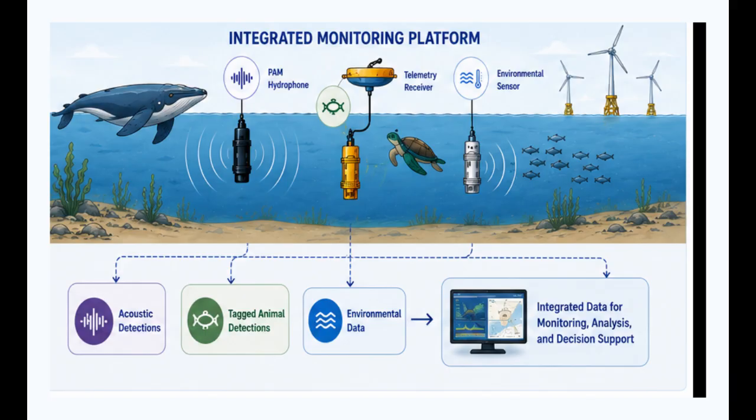This is why interoperability matters, not just because we want data in the same format, but because offshore wind monitoring is becoming a network of sensors, platforms, portals, and decisions. If those systems cannot talk to each other, then the value of the monitoring is limited.